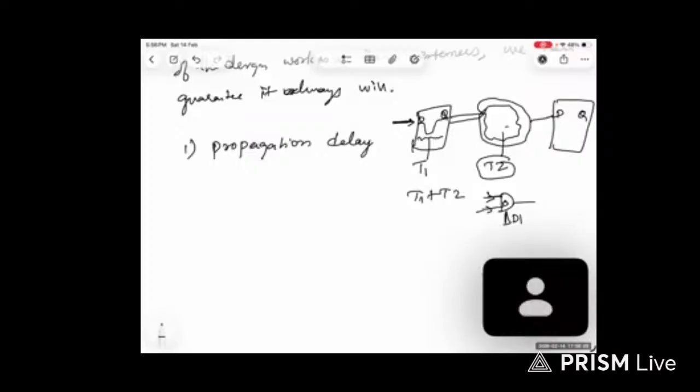Yes. For the next path, I will consider the next flop and take its T1. Up to that point we consider T1 plus T2. And is this the same as the library setup time? Library setup time is different, sir. It is something different.